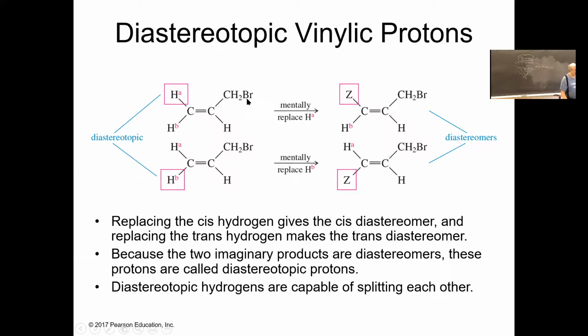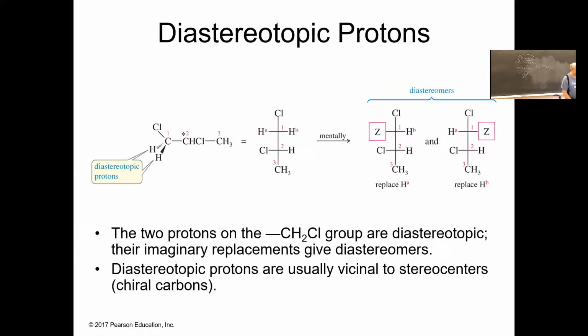For this compound, A and B are not equivalent, and the way that we can show that is to replace A by some imaginary group Z, and then to replace B by some imaginary group Z, and these would be diastereomers. So that shows that A and B are not equivalent, and they will split each other.